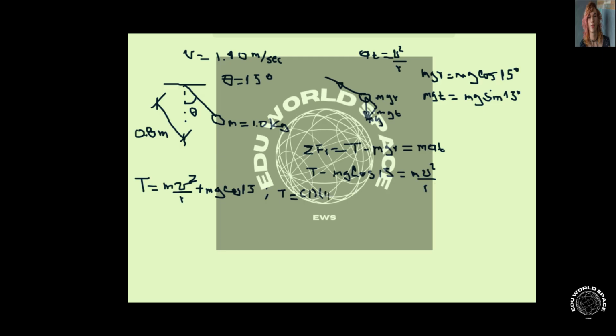So we have 1 times 1.4 squared, divided by, this is going to be the radius, which is actually the length of the rope, so we have 0.8, plus mg, which is 1, gravity acceleration, 1 cosine 15.